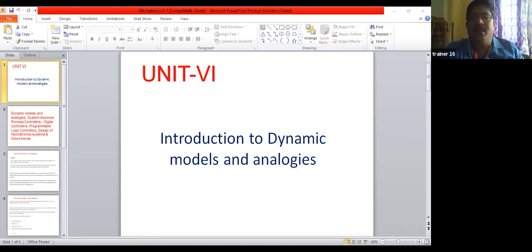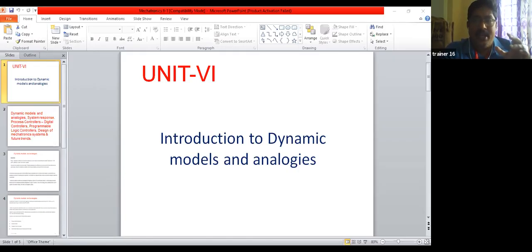There are several sensors, but we discussed some of them as per the syllabus. Next, we discussed the mechatronics design process. It's very important, even for the JNTU Kakinada end semester examination.